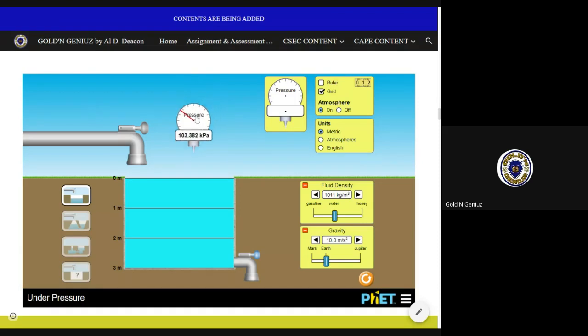So I go down, the pressure should increase. So at 0, I am at 104.319 kilopascal. At 1 meter down in the water, I am at 114.167 kilopascal. At 2, I am at 124.264 kilopascal.